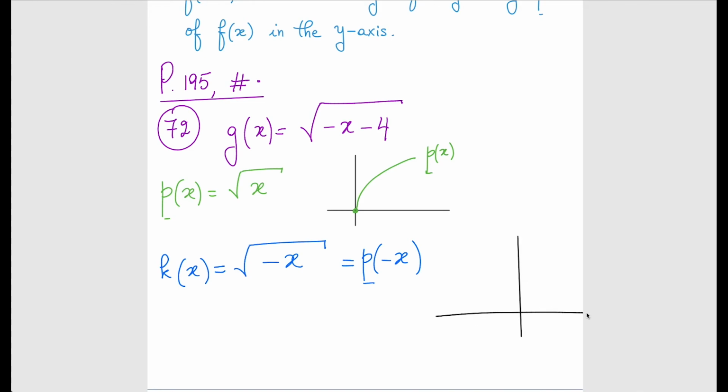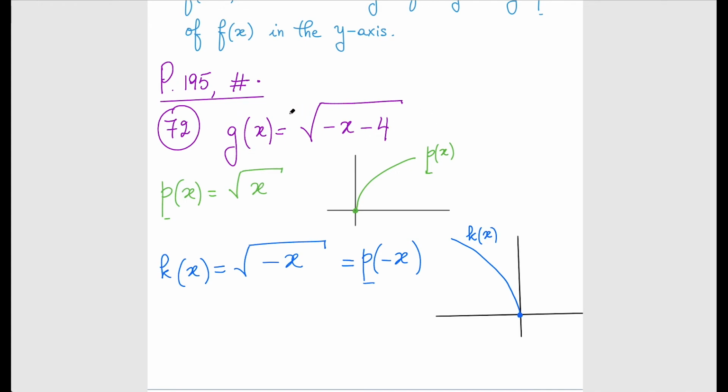And if you reflect p in the y-axis, you get something like this. I'm gonna try it again. So something like this. Okay, if you reflect it in the y-axis, that's what you get. That's k of x.